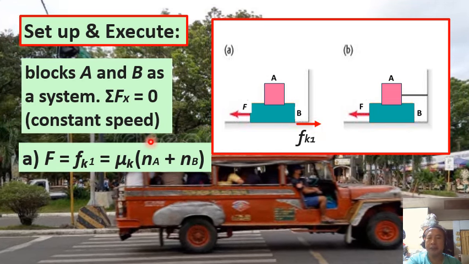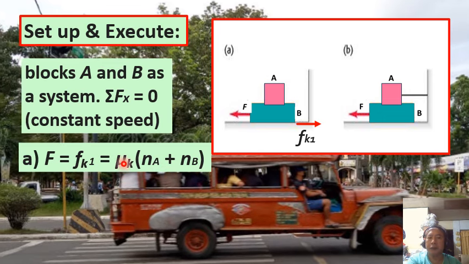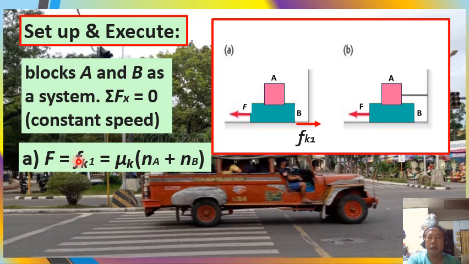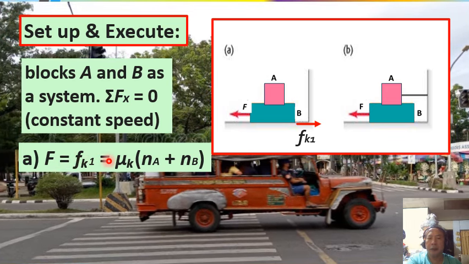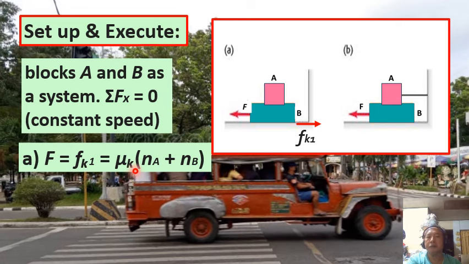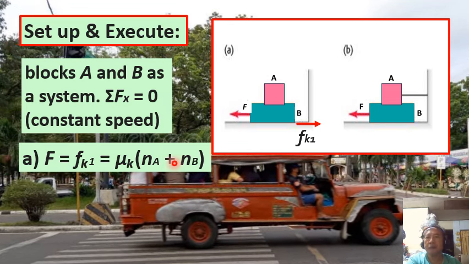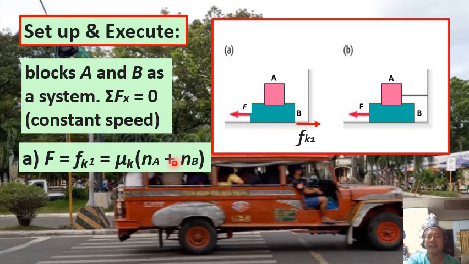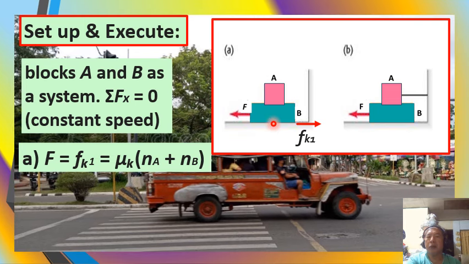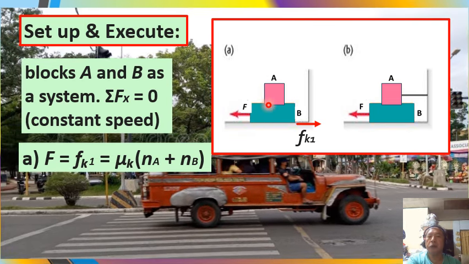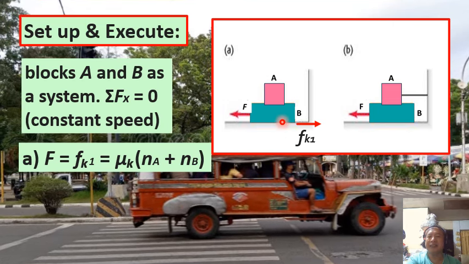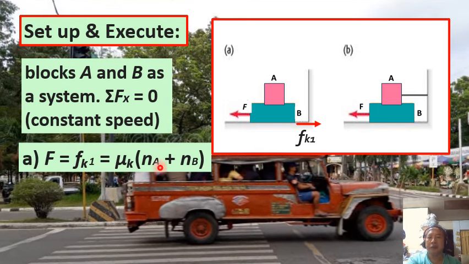And this applied force F, which is our target variable, can be expressed as being equal to F_k1, and that is also equal to the coefficient of kinetic friction multiplied by the normal reaction forces, which happen to be equal in magnitude to the weights of the two blocks.